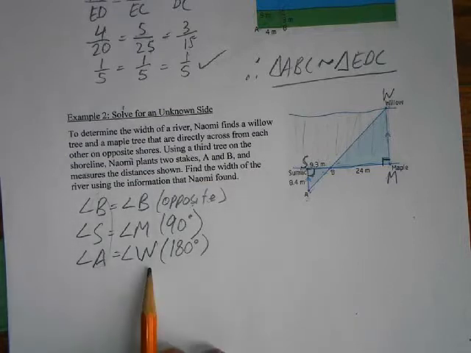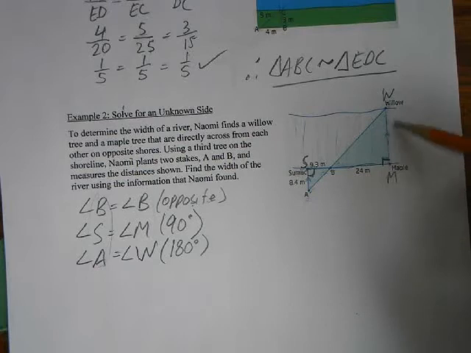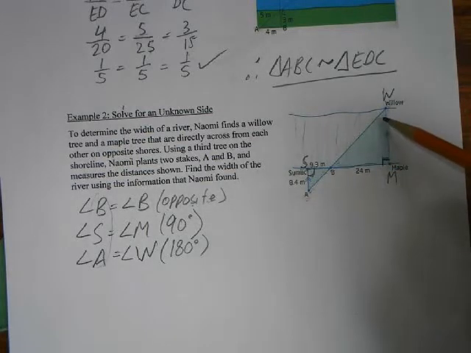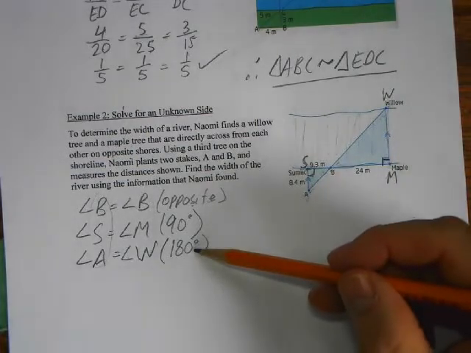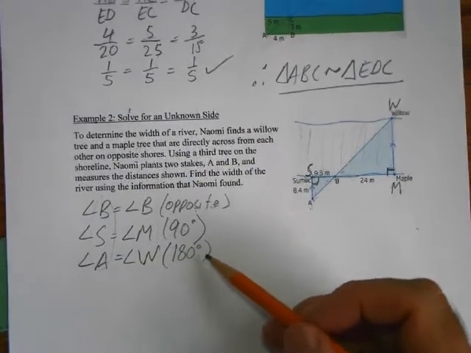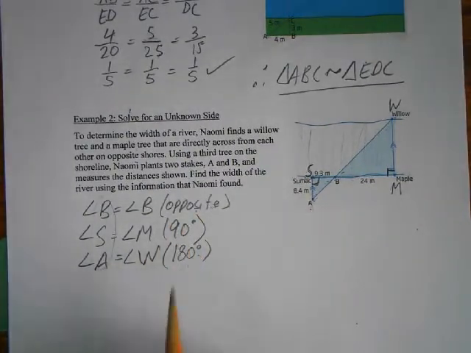Now you could also say that these are equal because of, do you remember doing the angles with parallel lines? So this would be like the Z pattern. So angle A and angle W are the same because of the Z pattern, and so that's a very valid reason for saying that these two are equal. But you could also say, since we already have two angles in each triangle, the third one has to be.